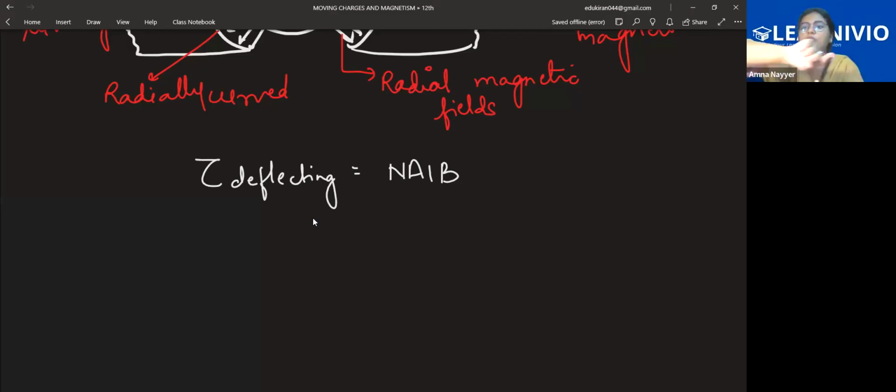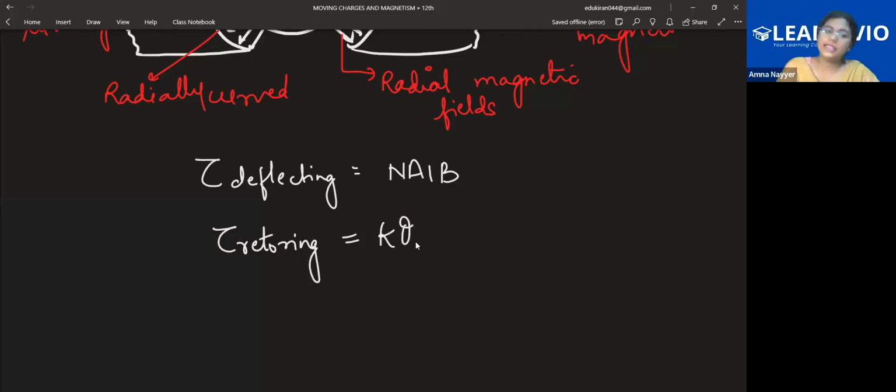If the pointer is rotating, then there is another torque present to bring it back. That is known as the restoring torque. This is equal to k theta. Now we can equate both the torques. So NAIB is equal to k theta. So what is theta from here?